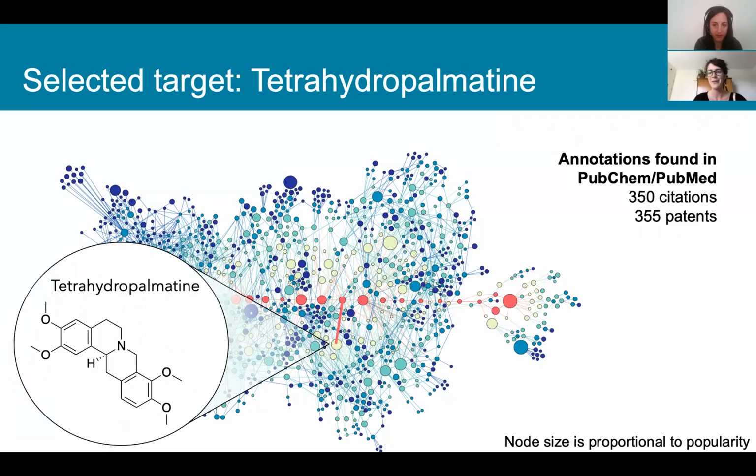And then we found one that matched our criteria. So it was quite highly cited. It has 350 citations and 355 patents. And it's called tetrahydropalmatine. And it is just one step away from one of the intermediates in the pathway. So we thought, well, this looks like a good target compound to produce.